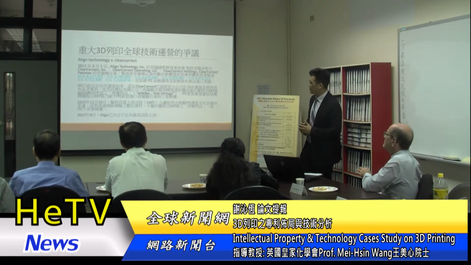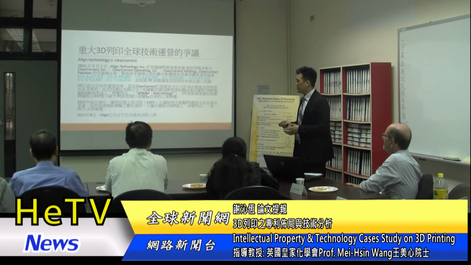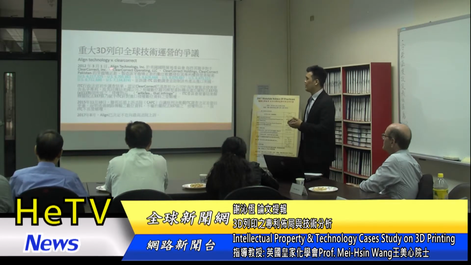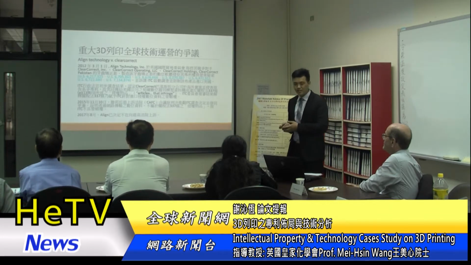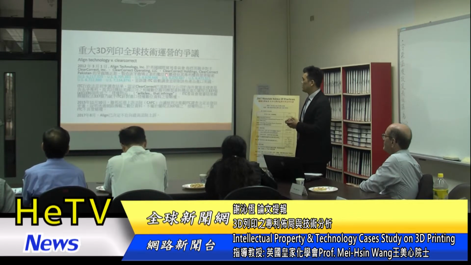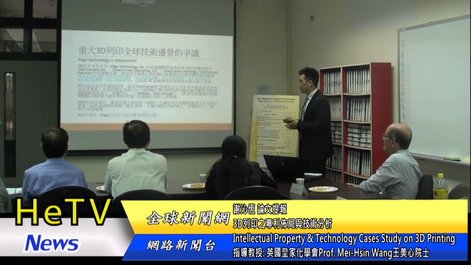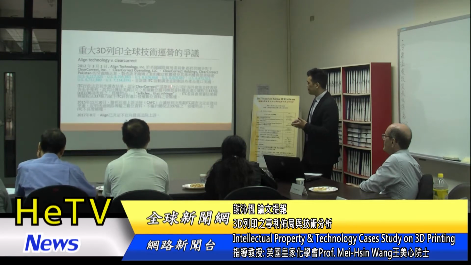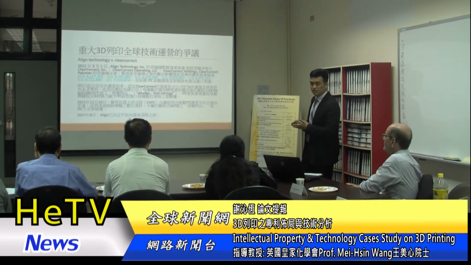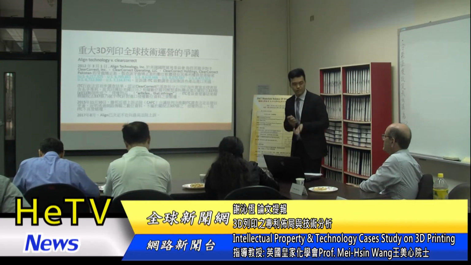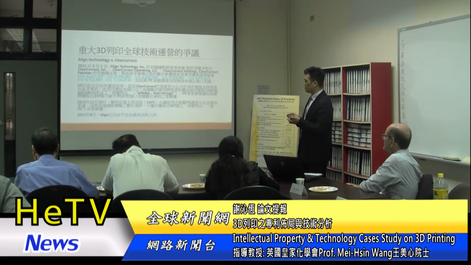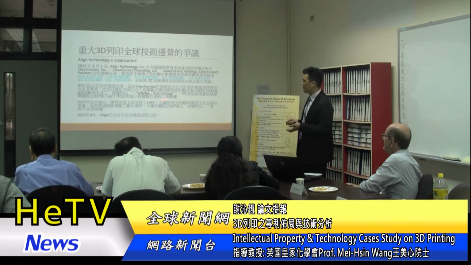And the final case I will talk about is Align versus ClearCorrect. In 2012, Align sued ClearCorrect at the ITC because of 7 patent infringements and 1 behavior infringement. Our focus on the behavior is that ClearCorrect in Pakistan sent a digital 3D model to ClearCorrect in the US, and this behavior was found to be infringement.